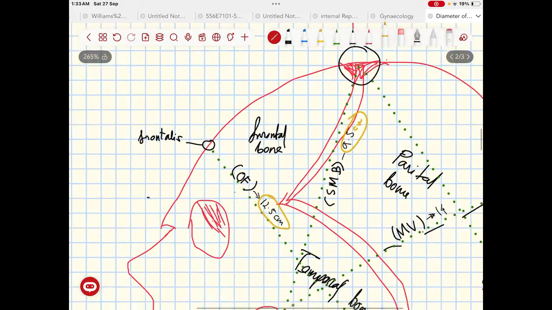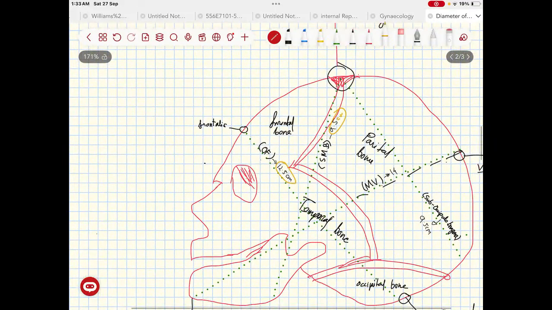So remember this, the suboccipitobregma and submento bregma both are the same in length.